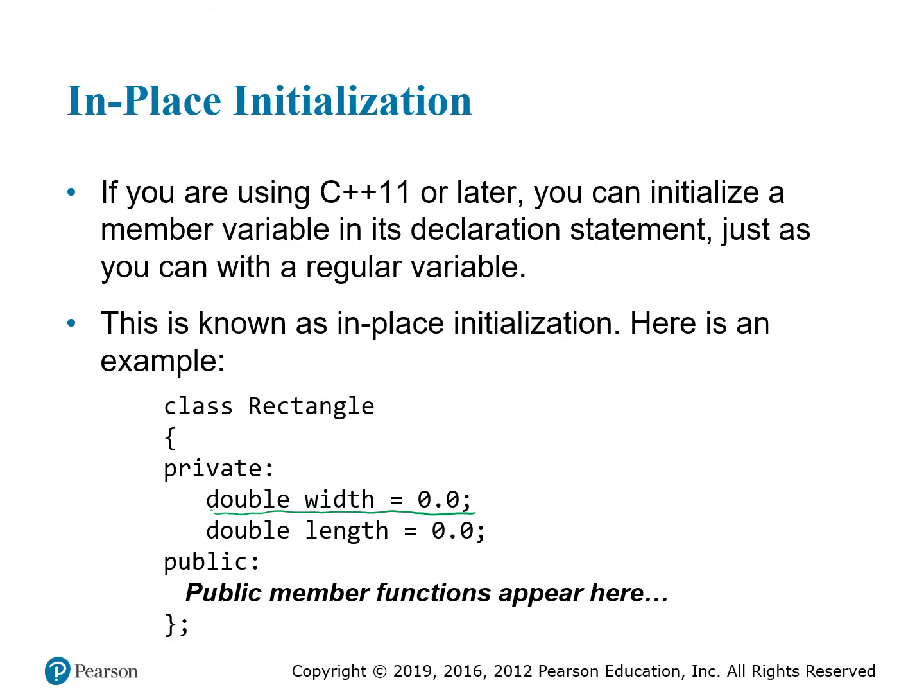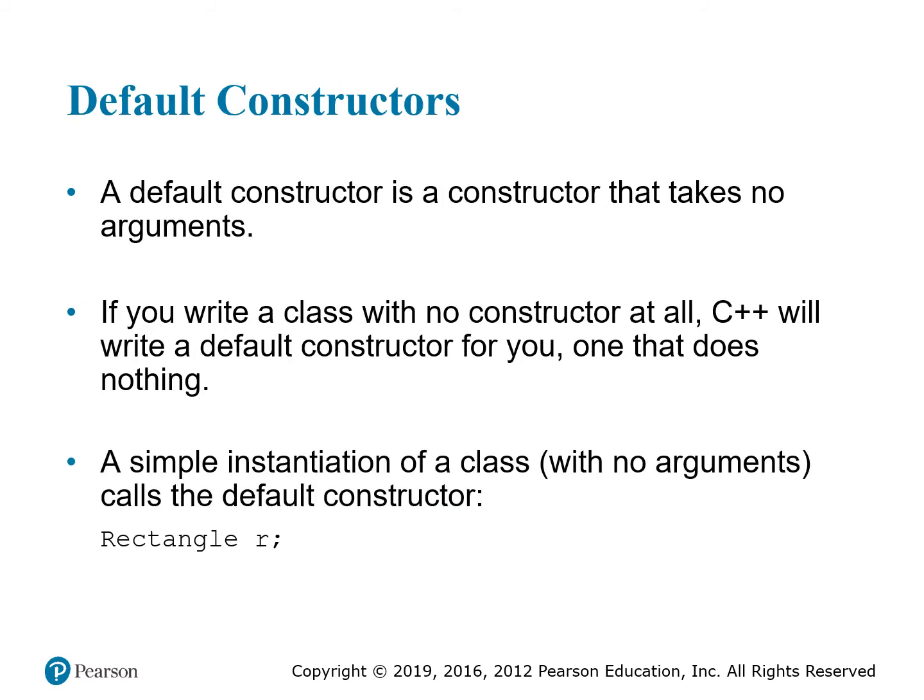That's known as in-place initialization, and it basically takes the place of your default constructor. Okay. A default constructor is one that takes no arguments. If you write a class with no constructor at all, C++ will create a default constructor for you, and it will do nothing.